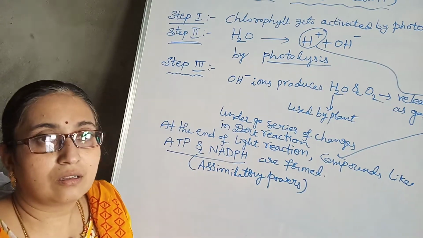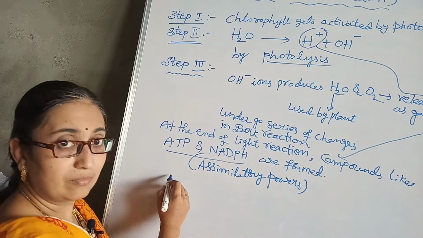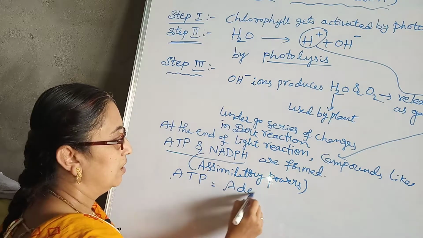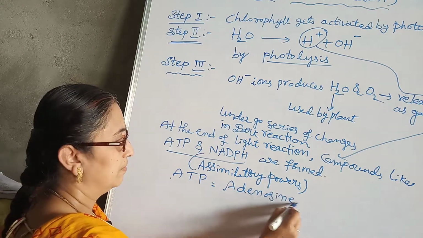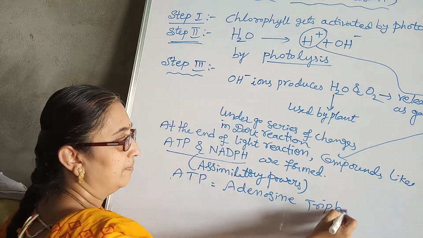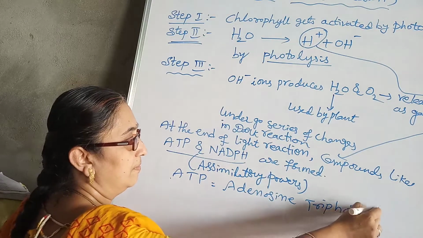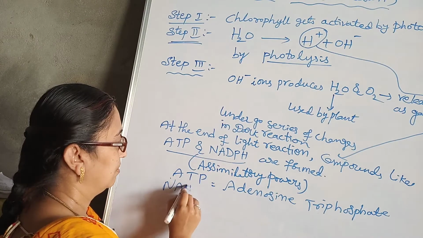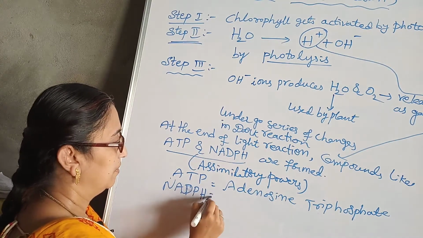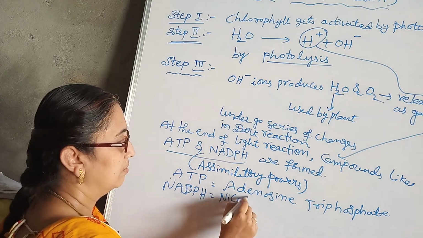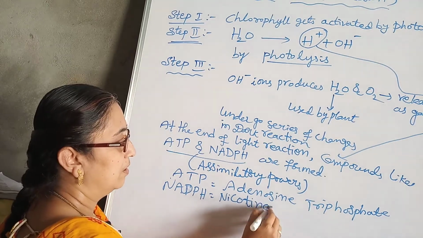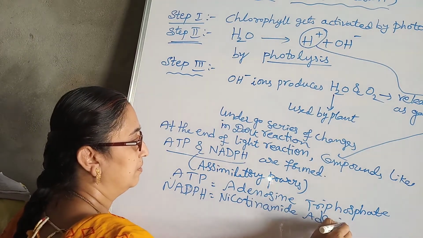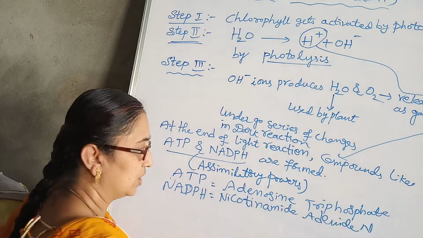ATP is nothing but adenosine triphosphate, and NADPH is nicotinamide adenine dinucleotide phosphate.